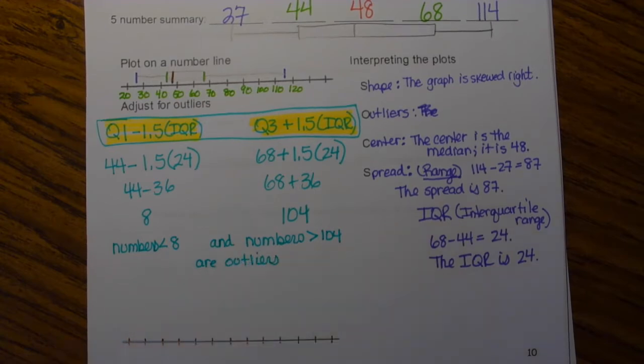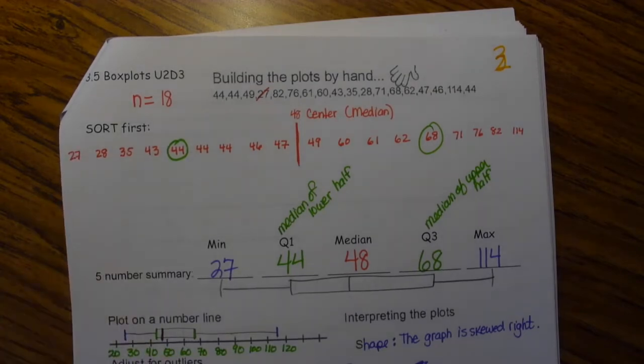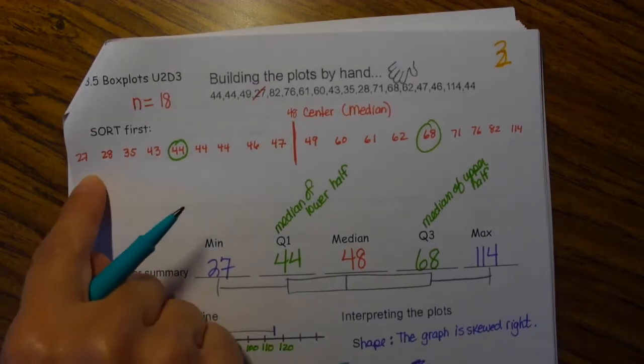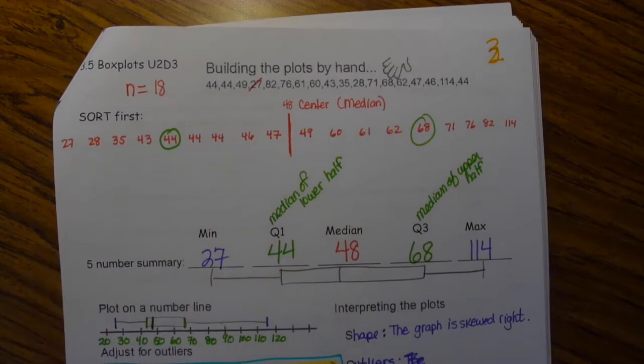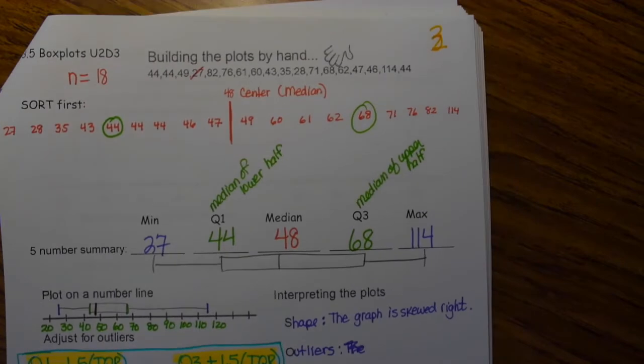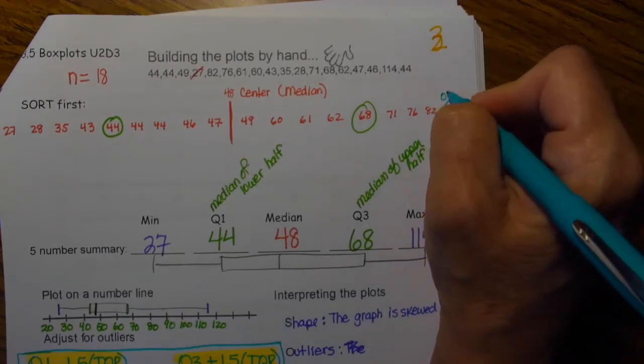So we can exactly figure it out. We don't have to just look at the graph and say, oh, I think that one's too big. So as you look at the numbers, do you have anything less than 8? No, we do not have an outlier over here. Do you have anything greater than 104? Yes. So this little guy is an outlier.